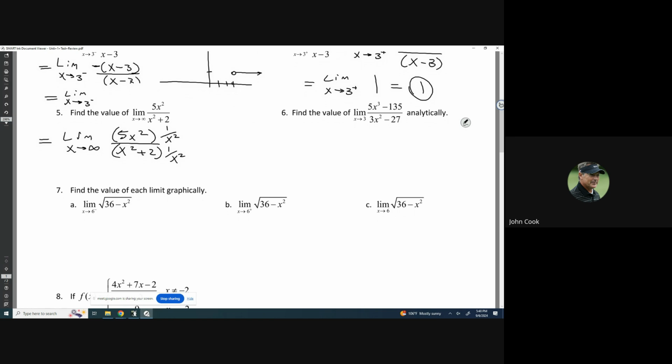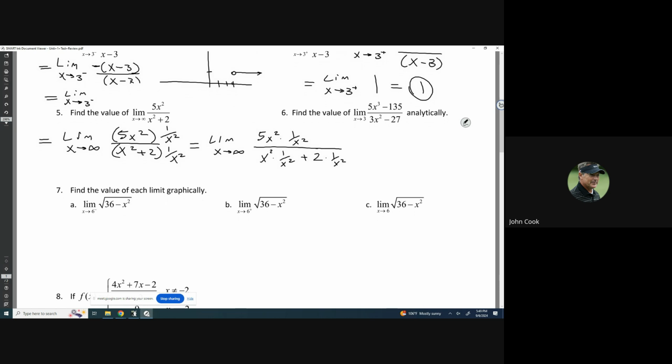Then I distribute all that, and I get the limit as x goes to infinity of 5 times x squared times 1 over x squared, over x squared times 1 over x squared plus 2 times 1 over x squared.